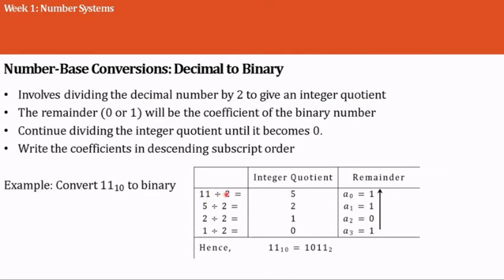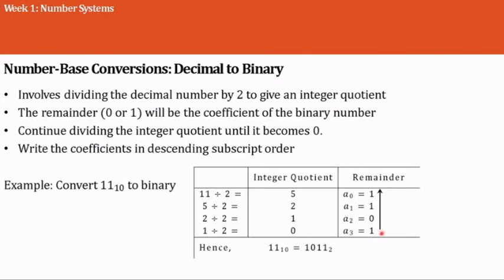So let's begin. 11 divided by 2 is equal to 5, and the remainder is 1. 5 divided by 2 is equal to 2, remainder 1. And we are going to divide the quotient. 2 divided by 2 is equal to 1 with a remainder of 0. And 1 divided by 2 is equal to 0 with a remainder of 1.